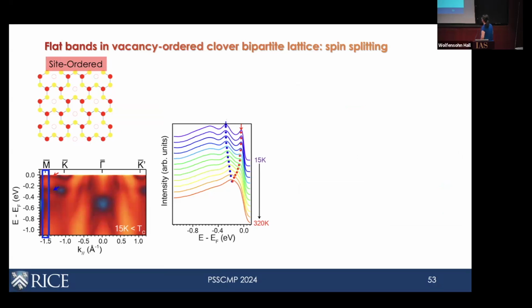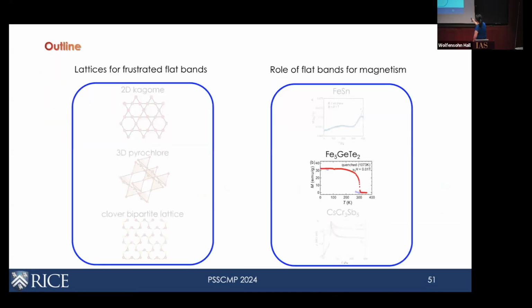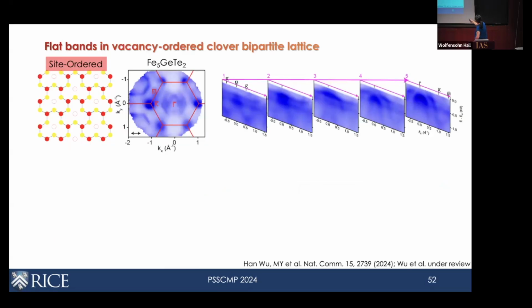But we actually do see this band hybridizing with other states. You can see, for example, on this cut, the flat band hybridizes with dispersive states where they meet. So we're pretty sure that's an intrinsic band from this argument, at least. If it were just disorder, it should be by itself. Yeah, that's a good question. Go on.